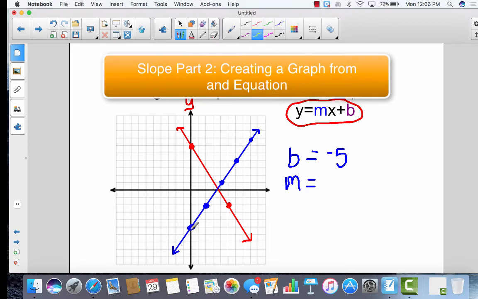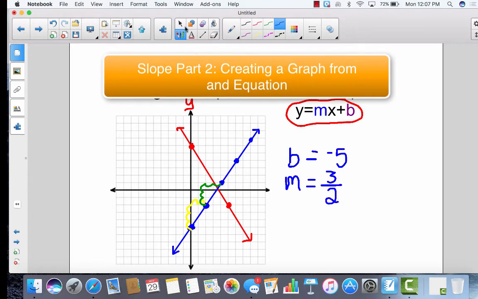So if I'm moving up, I go 1, 2, 3, so that's my rise, and then I move over 2, so that's my run. And we'll try that again. If I start at this point, I go up 1, 2, 3, and I come over 1, 2. So therefore, my slope is a rise of 3 and a run of 2.